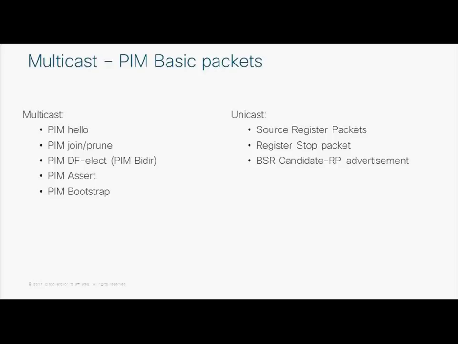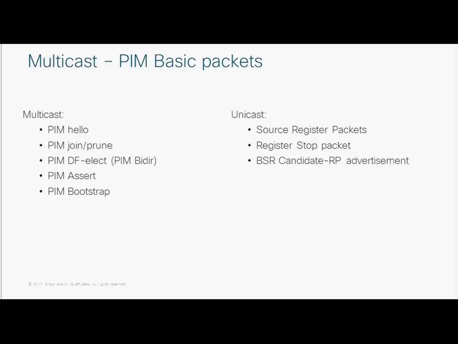When we have several paths in a network that share the same metric in the routing protocol, in order to have a very good use of the bandwidth, we will use only one of the paths, not two, because that would duplicate the traffic, right? So how do we decide what is the best path? Using PIM assert and PIM Bootstrap, which is a standardized way to distribute the information for an RP in the network.